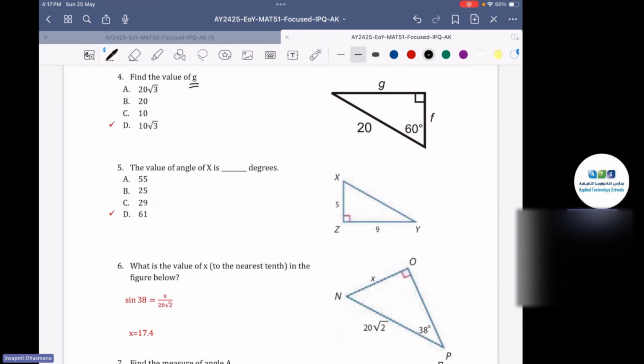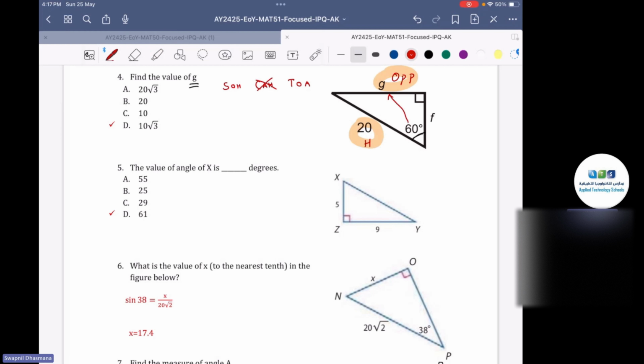So they are looking for the value of g. This angle is given. So this side would be opposite. This side would be h. If I'm trying to find g out of SOH CAH TOA, what I have is o and h.